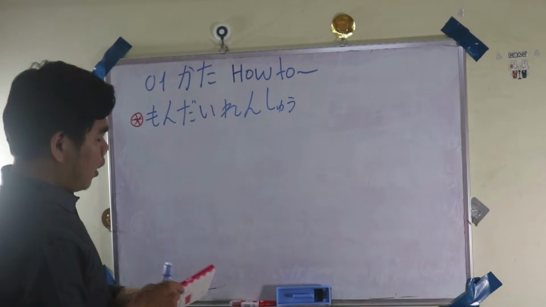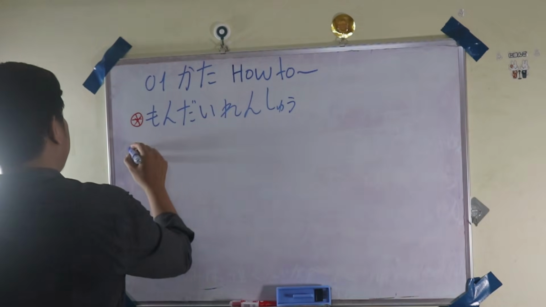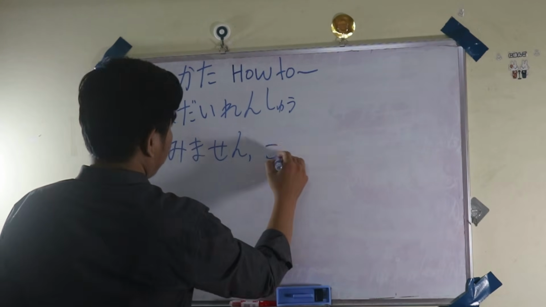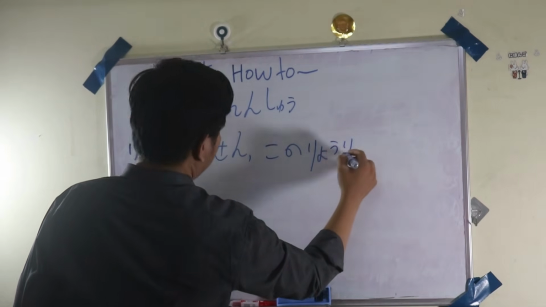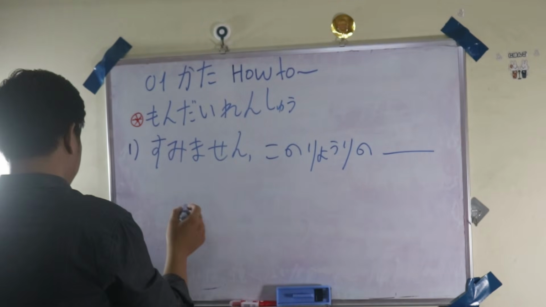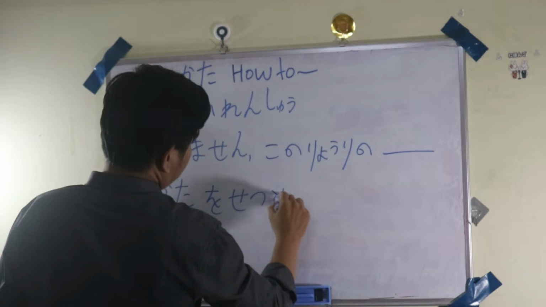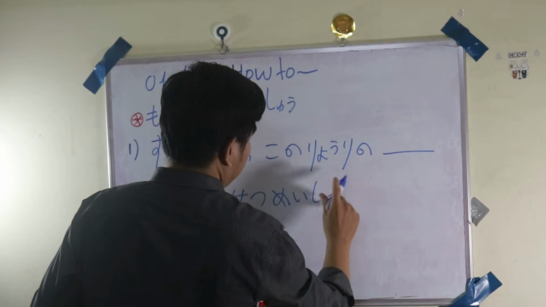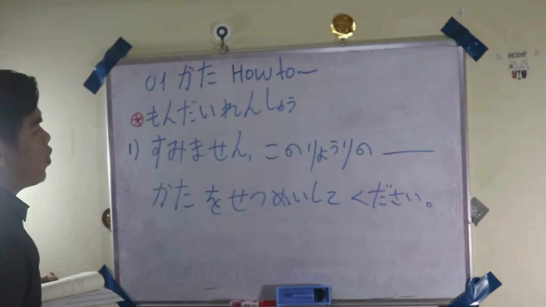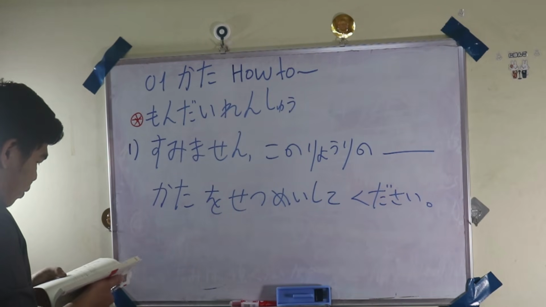Such as in this video, for example: すみません、この料理の方を説明してください。 Which is correct?